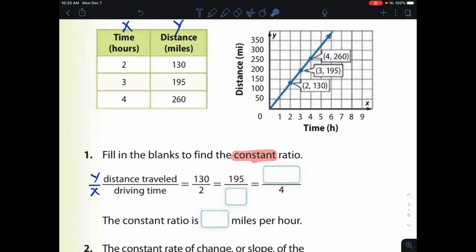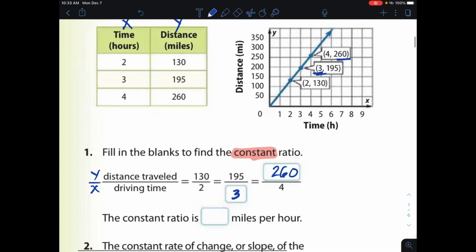195 over 3, and 260 over 4. Those are all the three ordered pairs we got from our graph and from our table. So if we look at our constant ratio, if you notice here, it says miles per hour. And when you see miles per hour, we're basically looking at a unit rate.